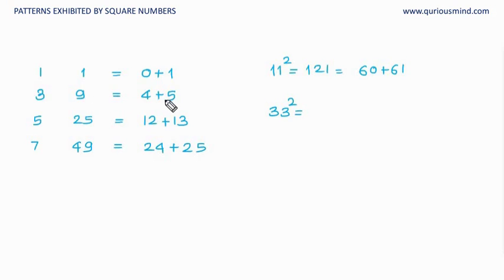And 9 plus 1 upon 2: 9 plus 1 is 10, 10 upon 2 is 5. So the square of 33 can be found as 33 square plus 1 upon 2 and 33 square minus 1 upon 2. What I need to do here is find 33 square. Now for that I need to find the square of 33 and that's not very easy.